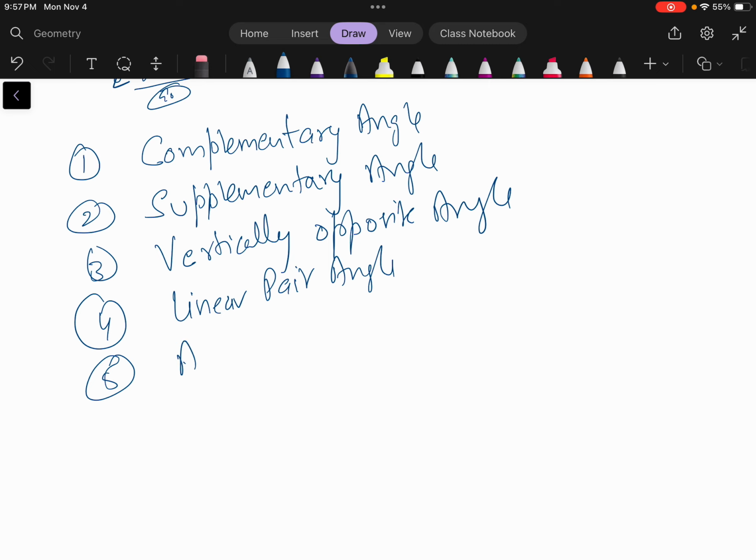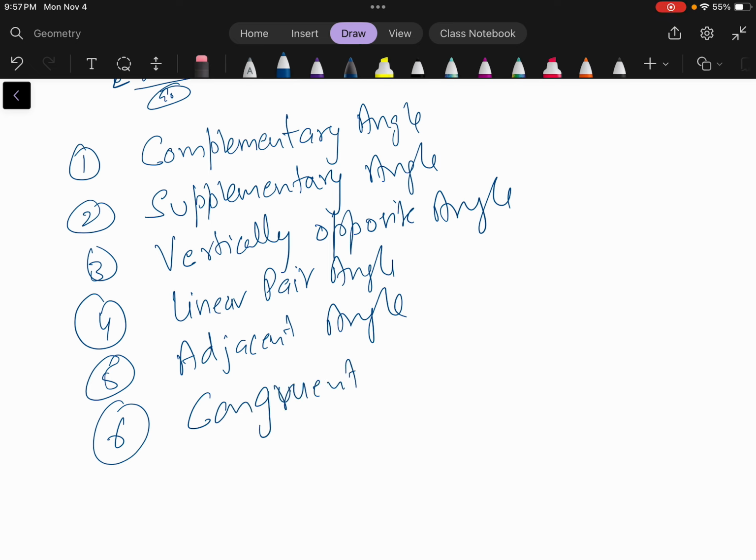Then adjacent angle. Then congruent angles. Before that, bisector of an angle.